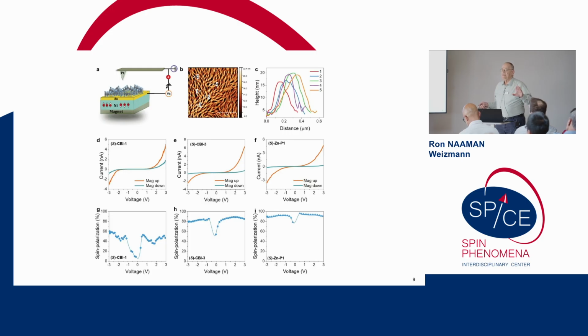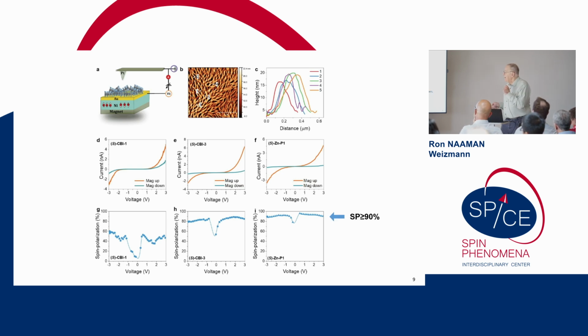I think we have proved that it correlates very well with the spin polarization, but basically it's the current when the magnet is pointing up minus the current when the magnet is pointing down over the sum. And when we plot it as a function of the applied voltage, we get what we call spin polarization or magnetoresistance, and you see here we get 90% for some of the molecules. It's a very efficient process.